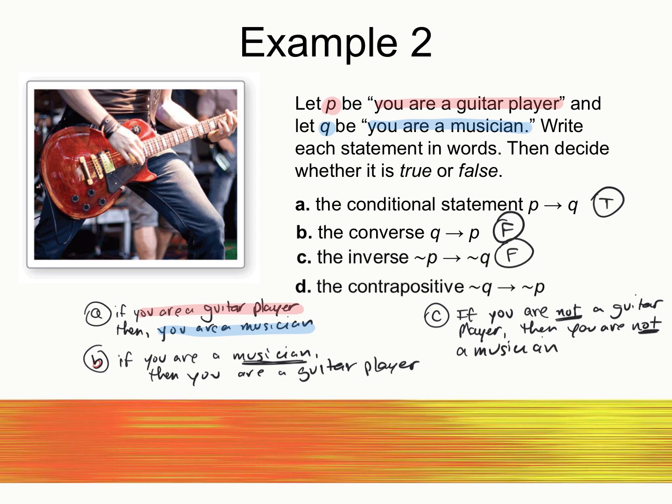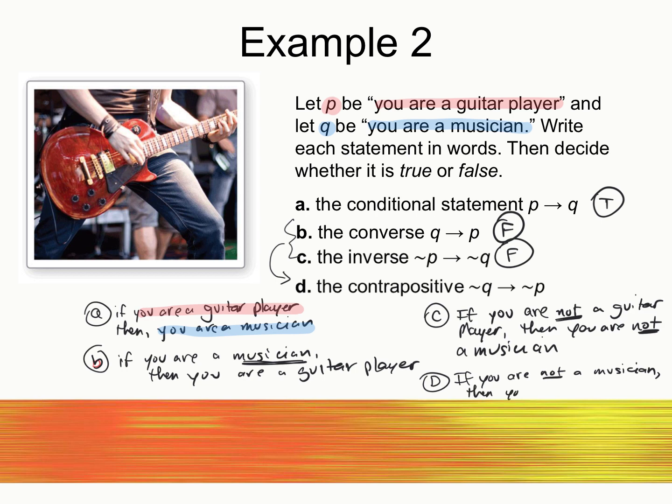Okay? And then we go back to the last one, which is our contrapositive. And remember, the contrapositive is really the combination of B and C. The contrapositive swaps the order. It basically puts Q first and then P, and then it negates Q and P. So when I write this out, it's if you are not a musician, that's negating the Q, right?